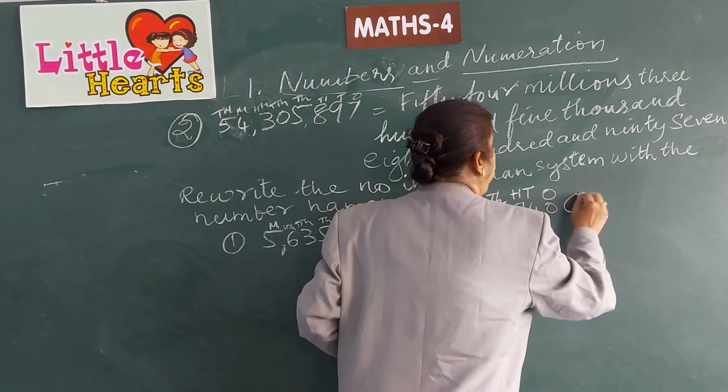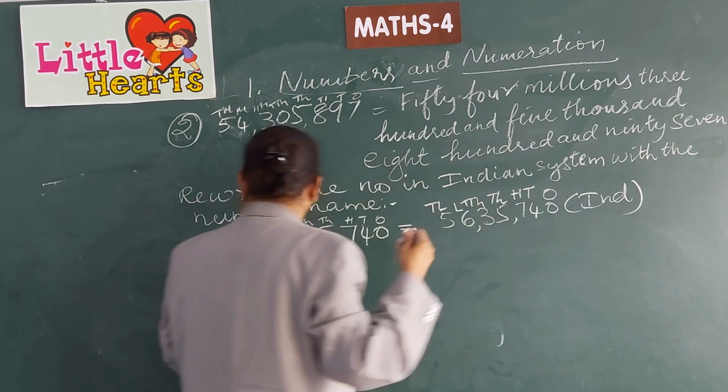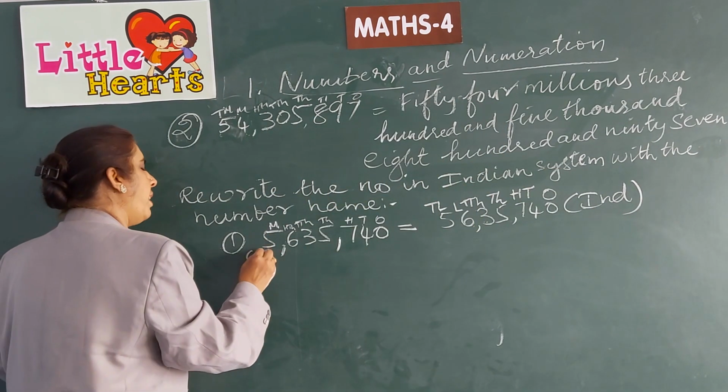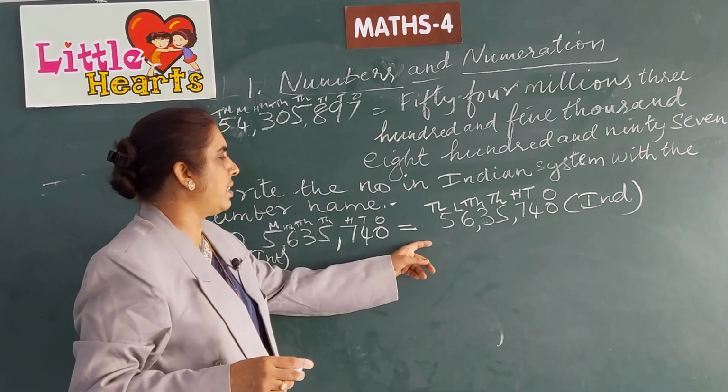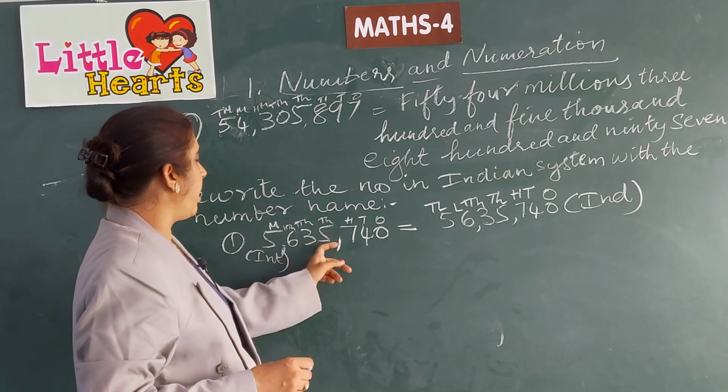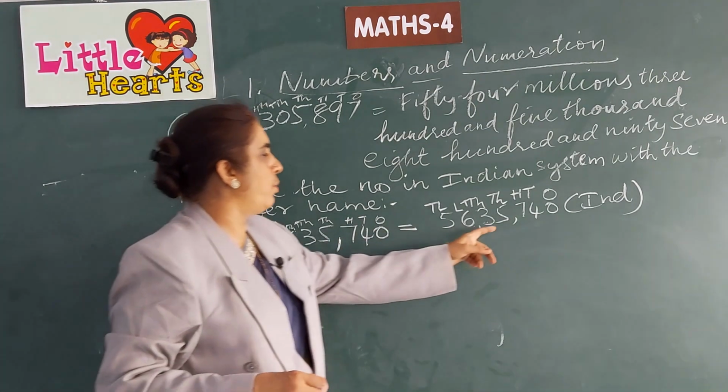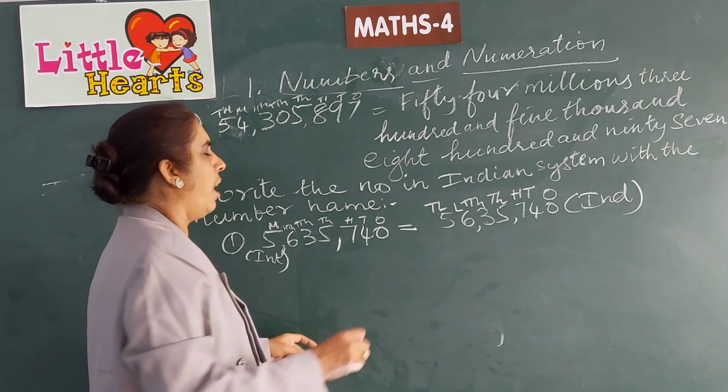This is the Indian system and this is the international system. In the international system, commas are kept after 3 digits. Here, after 2 digits in the thousands period. How do you read it?